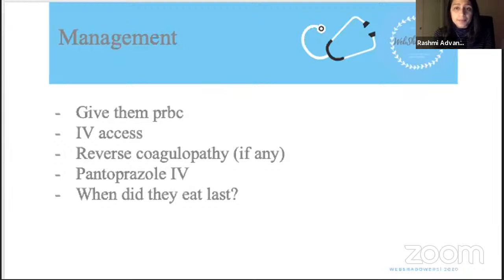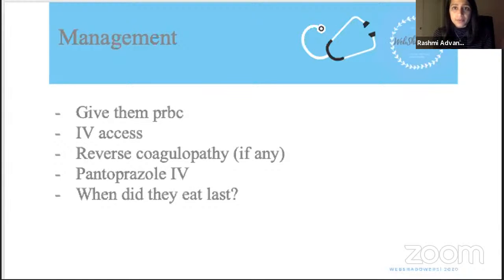So whoever said that this patient has a stomach ulcer is right. Usually people who have ulcers can bleed, because ulcers can erode into the blood vessels underneath, and those blood vessels can bleed. We already know that she's been taking ibuprofen, and ibuprofen is an NSAID.